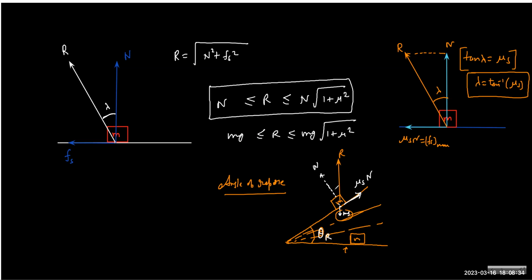If R is vertical, then we know this angle is also, if this is theta, this is also theta, correct? And we know that this angle is actually tan inverse. The R and N makes what angle? Tan inverse mu s. So this is also the repose angle, right?